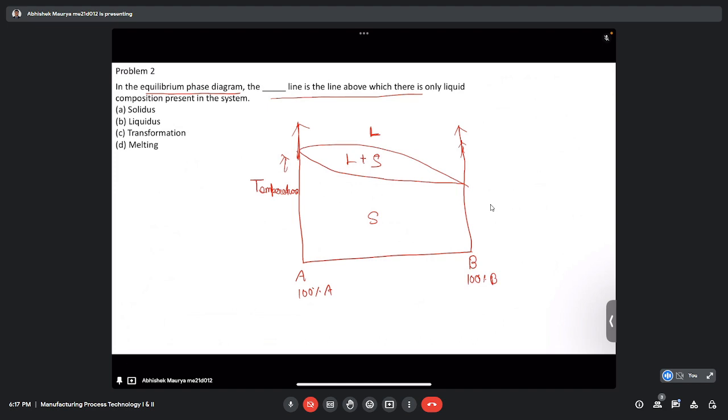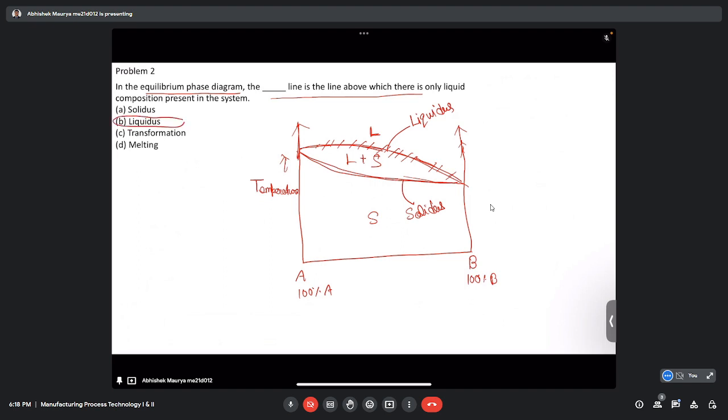There are different names given to these two lines. This line is called the liquidus line, and this line is called the solidus line. So the correct answer is the liquidus line, because the line above which there is only liquid is this one. So the correct answer is B.